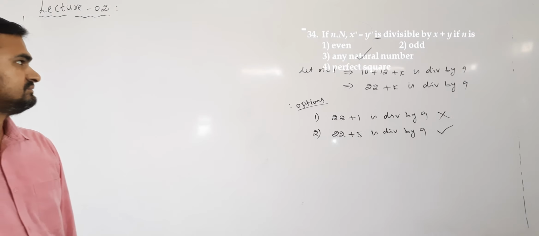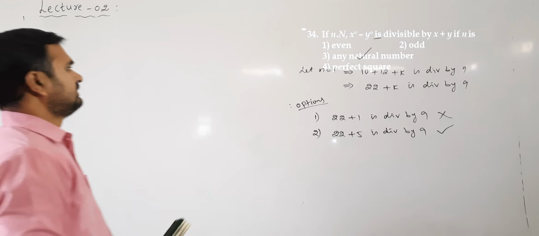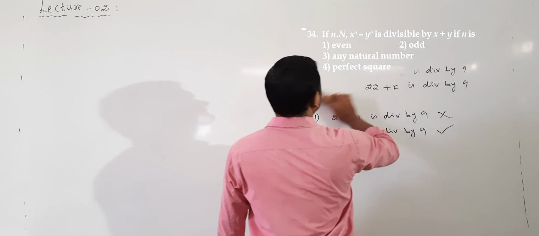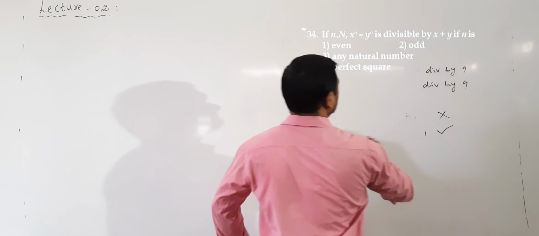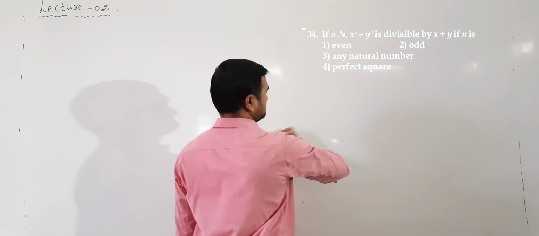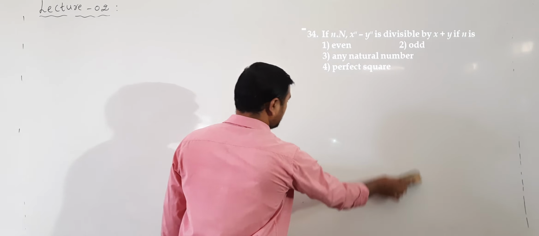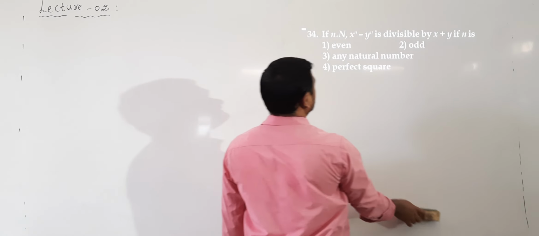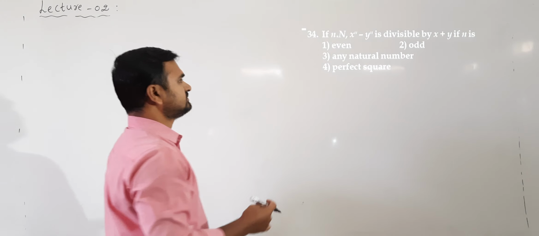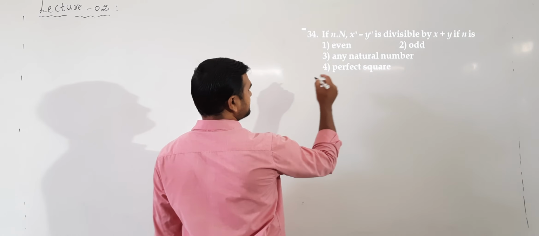Now see next question. If n belongs to N, that is natural numbers, x power n minus y power n is divisible by x plus y if n is. So what should be the value of n so that x power n minus y power n is divisible by x plus y?